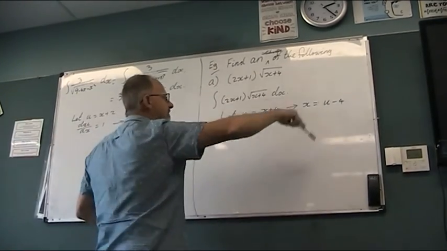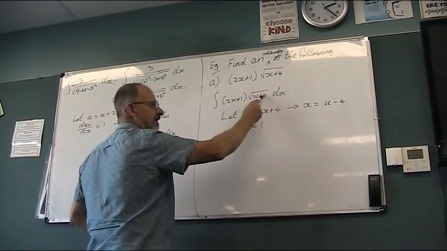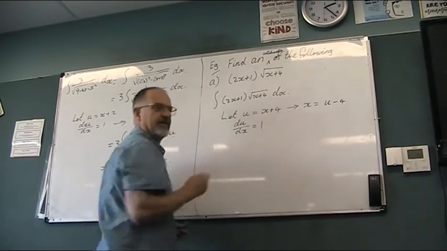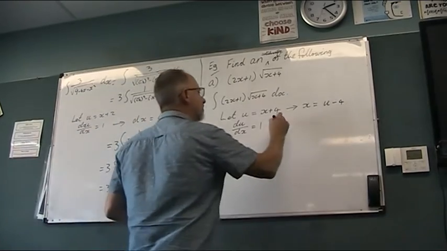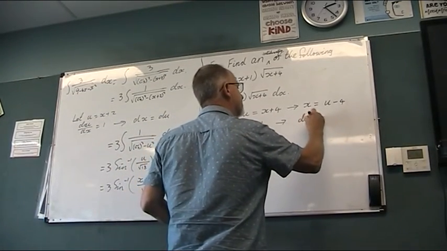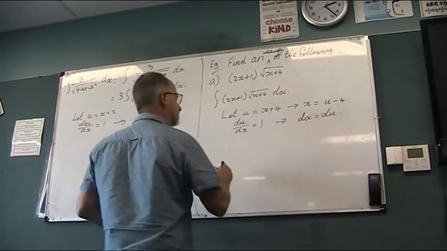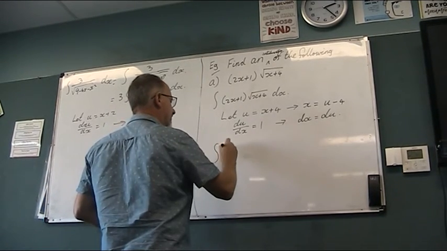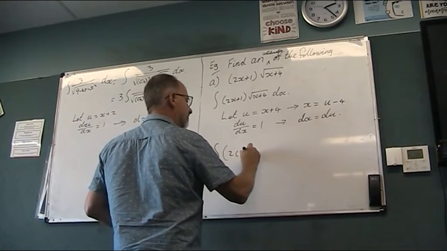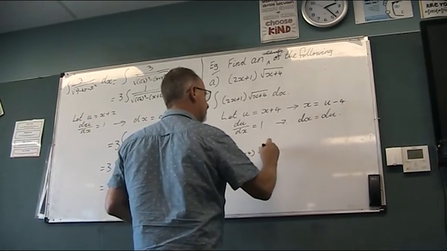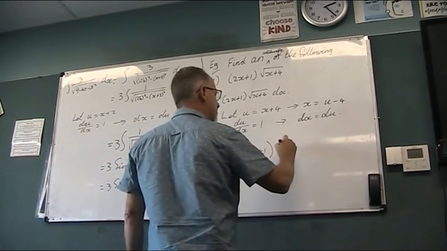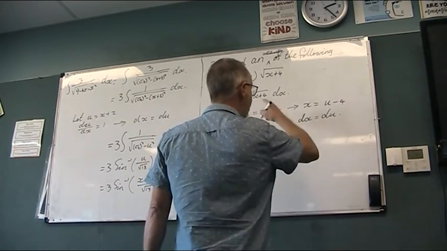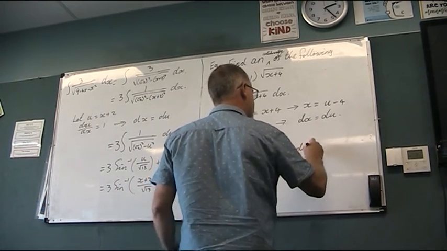So when we do the substitution, I'm going to substitute here for u, but I'm also going to substitute that as well. Of course, dx is equal to du. So I'm going to have 2 lots of u minus 4 plus 1, and then u to the half, and dx is du.